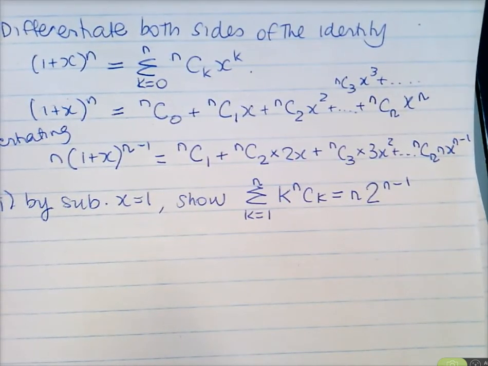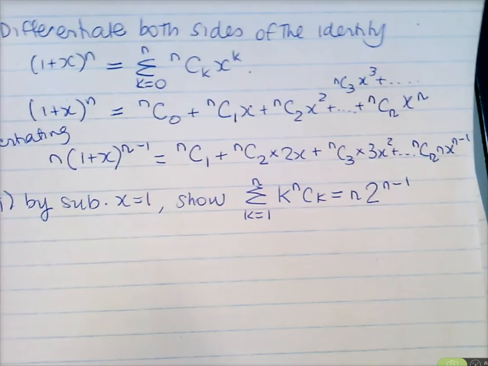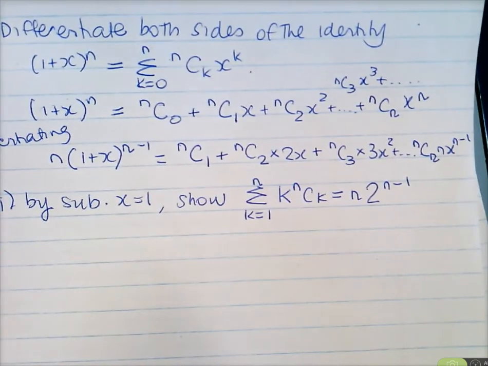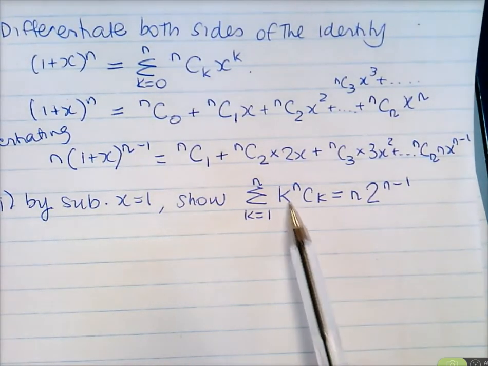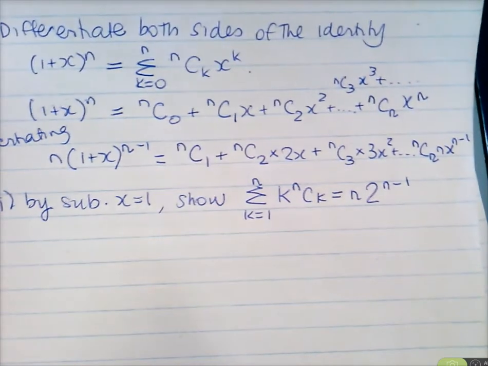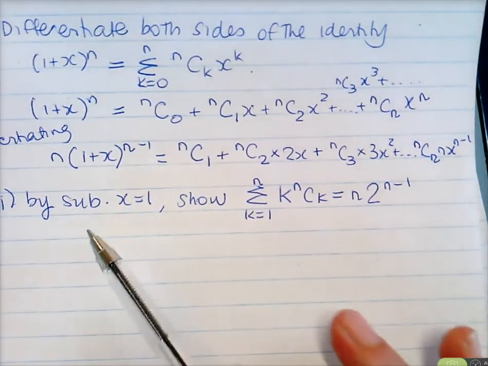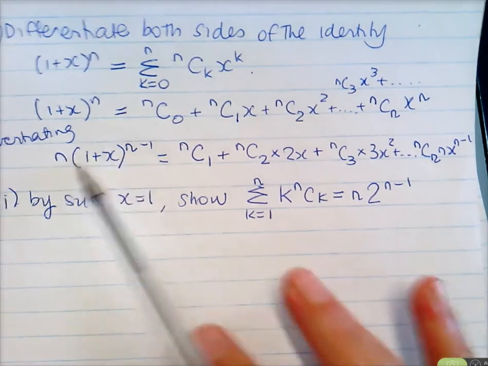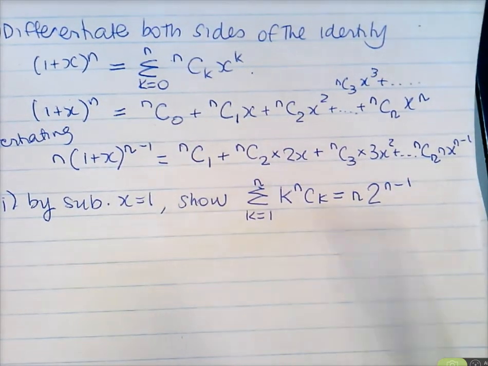That looks a bit weird, but we'll see what we get. I wonder if that's meant to be an x. Whatever, it could be a k, that's fine. It says, by substituting x is 1 into that thing that I've just differentiated, show this result.